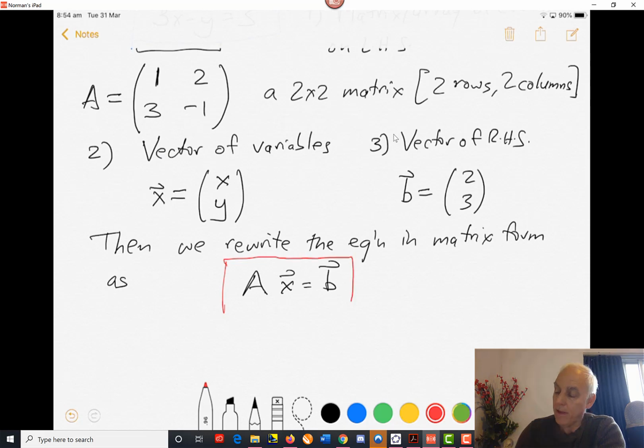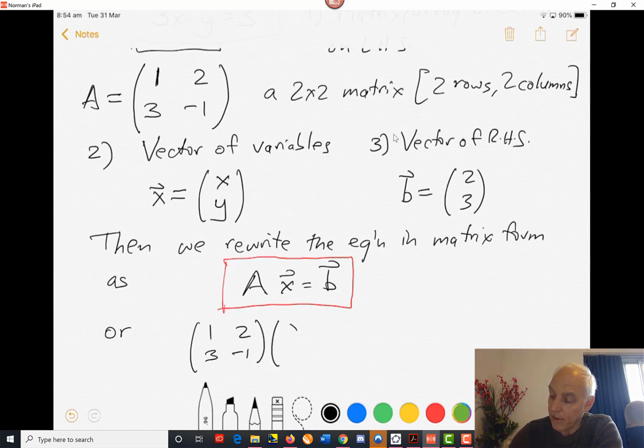AX equals B. That's a general form, or more explicitly as the matrix A, which is the matrix 1, 2, 3, minus 1, followed by the vector x, which is x, y, equals the vector b, which is 2, 3.